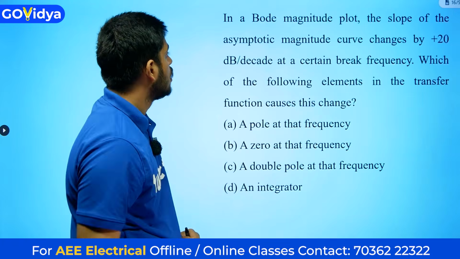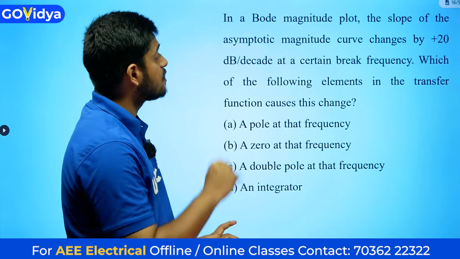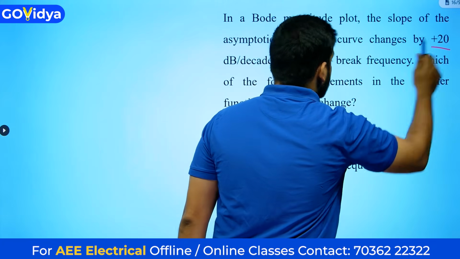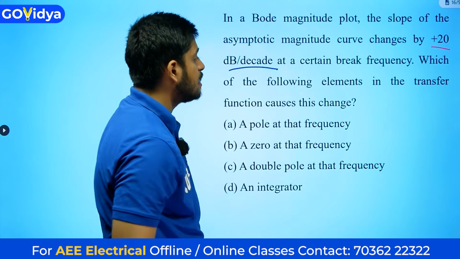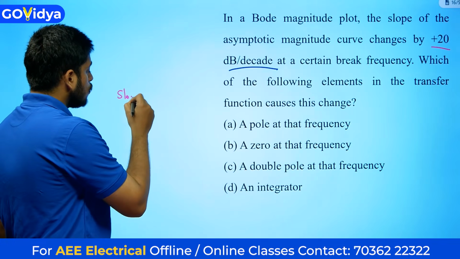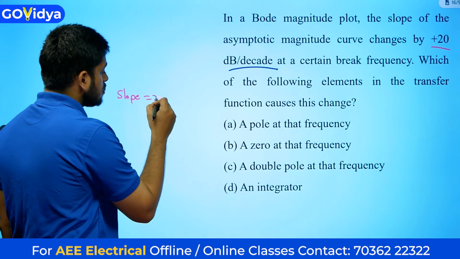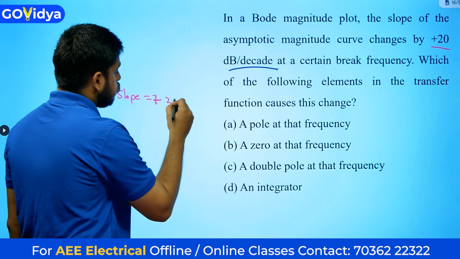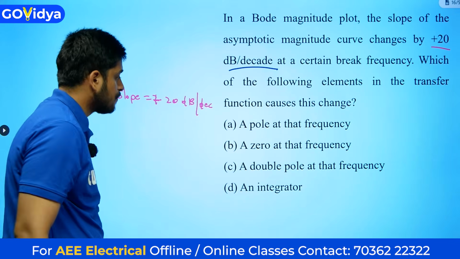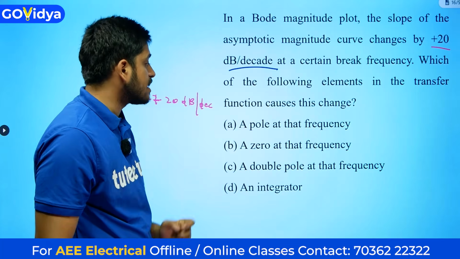Next question. In a Bode magnitude plot, the slope of the asymptotic magnitude curve changes by plus 20, how much? Plus 20 dB per decade. When the slope change is of plus 20 dB per decade, which of the following elements in the transfer function causes this?